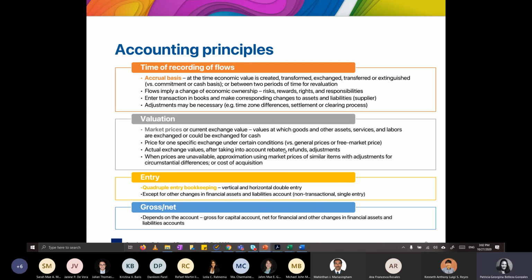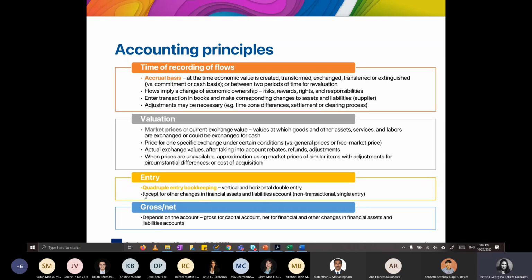The purpose of following the BPM6 manual and the framework definition, with consistent definitions of concepts, is so that even without regard for the horizontal double entry of the other party, there's a general force making these recordings consistent between two parties. If they follow the same manual and the same framework, then it should roughly be the same.